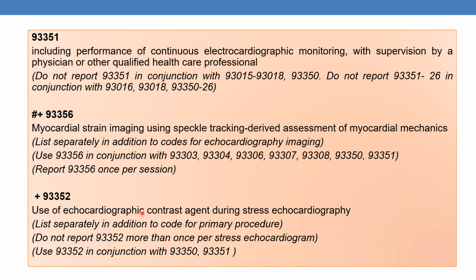Use of echocardiographic contrast agent during the stress echocardiography. Use 93352 in conjunction with 93350 and 93351. Do not report 93352 more than once per stress echocardiogram. That is also an important point.